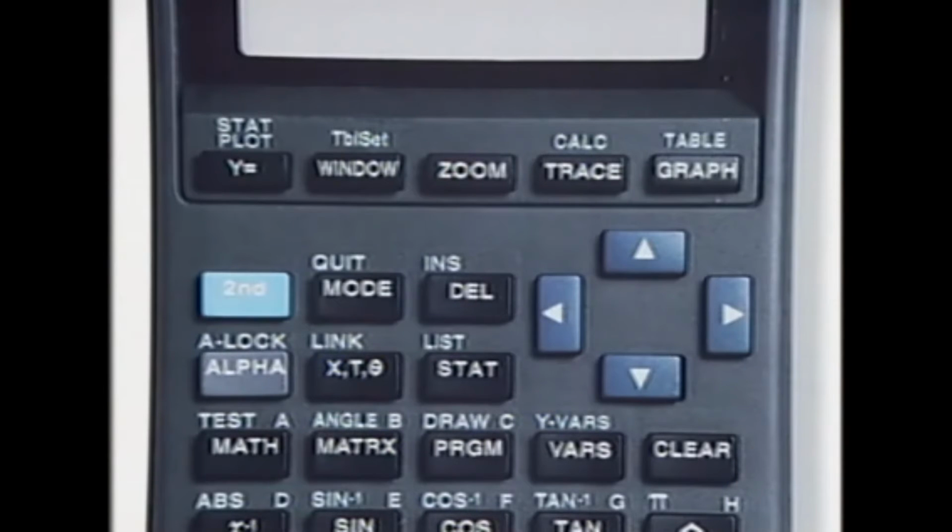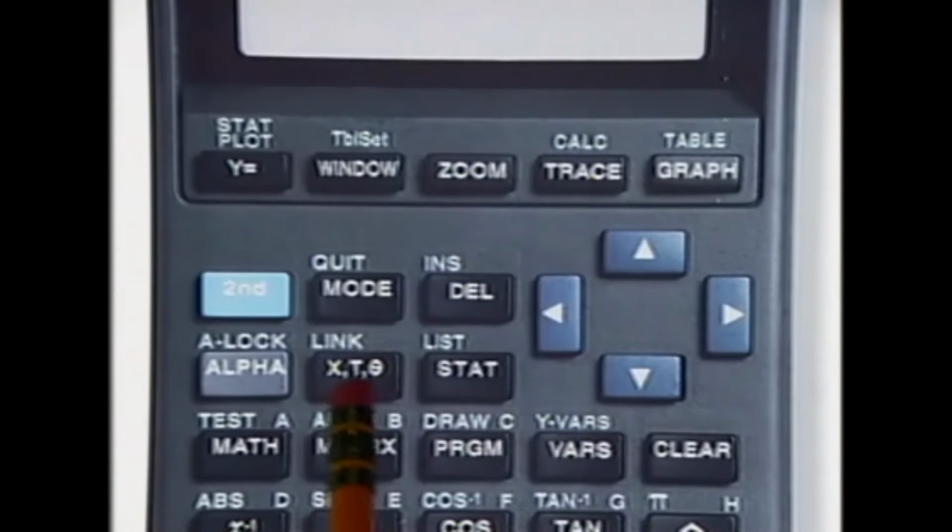On the third line, we have another key, alpha lock. It's a third function, it's just the way second, this could have been called third. Alpha accesses the gray part of each key, which is on the top right. So if we want to access the letter capital A, it's above the math key, so we'd have to push alpha math to get A. We won't use that very often.